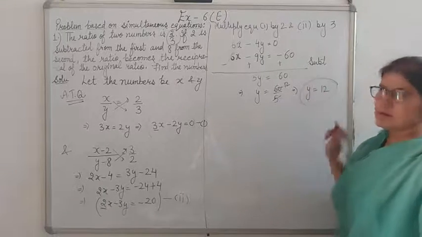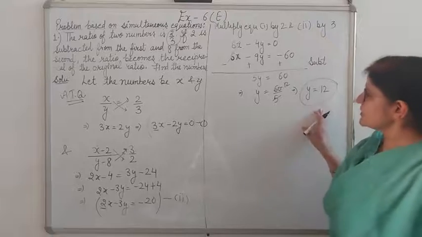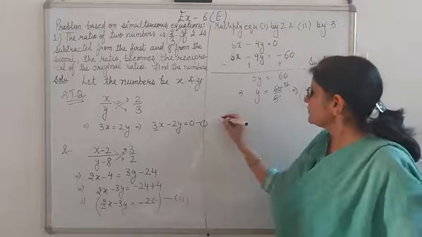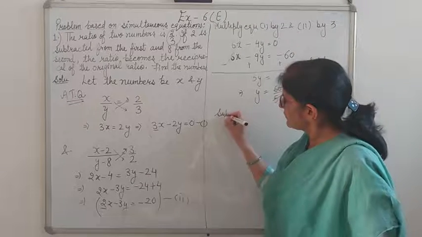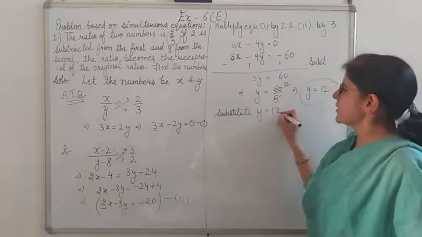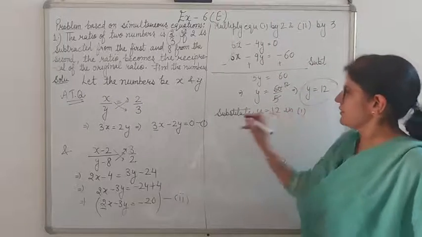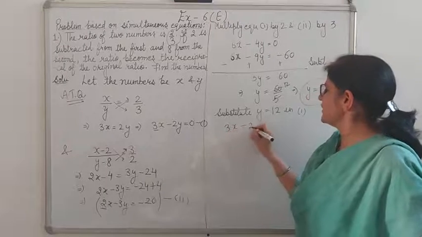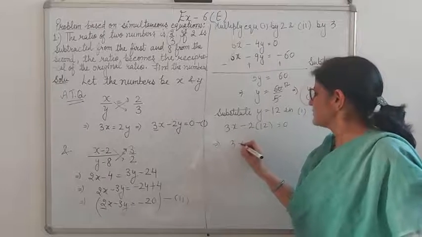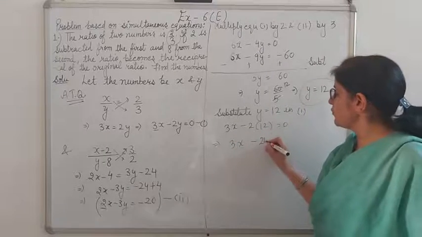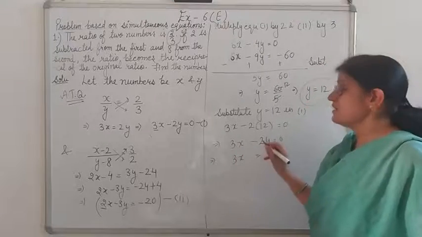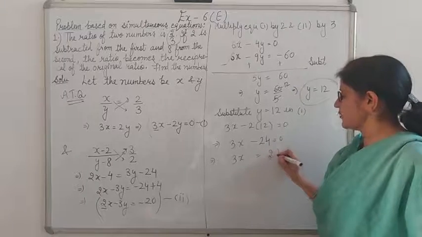So one number we have found. Now using this you can substitute in first or second to find another variable. Substitute y is equal to 12 in first. 3x minus 2 into 12 is equal to 0. 3x, 12 twos are 24. This term is in minus, it will go in plus this side. 24.